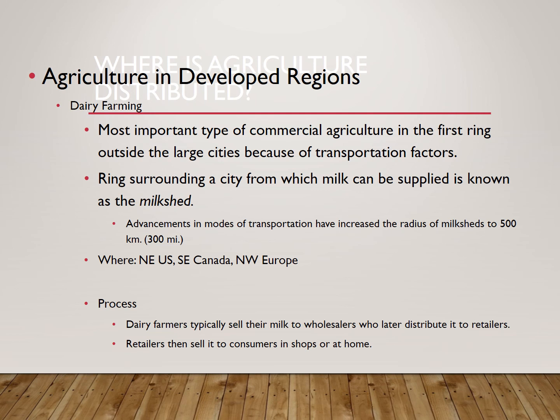Further west, most of the milk in Wisconsin, for instance, is processed into butter and cheese because, again, it can be further away and those products can last longer on their longer journey to the consumer.